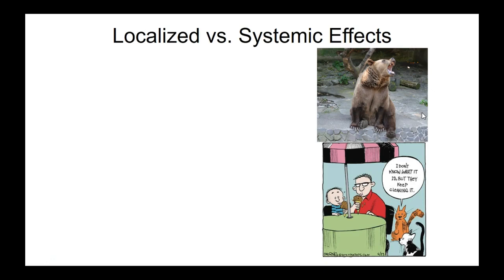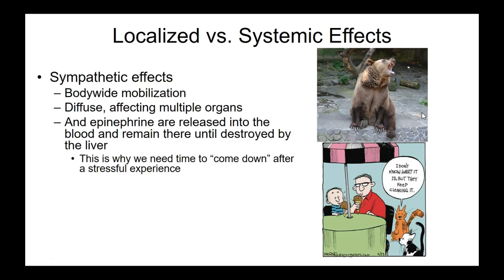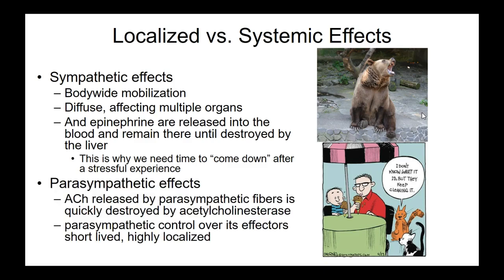So much more localized and focused. Right? So sympathetic effects are going to be body-wide, systemic, affect multiple organs in a short period of time, right? And so that's one of the major reasons that we need time to come down from sympathetic system activation.